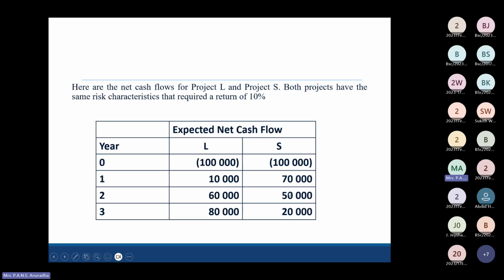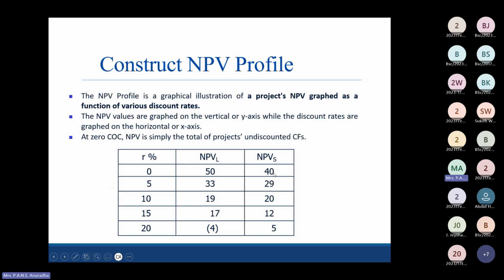For project S, 70 plus 50 plus 20 is 140, deduct the cost of 100, so NPV is 40,000.